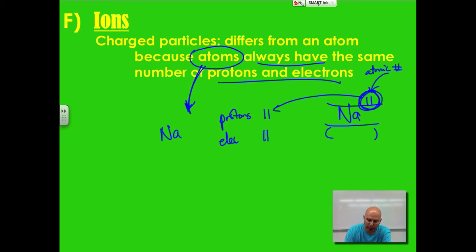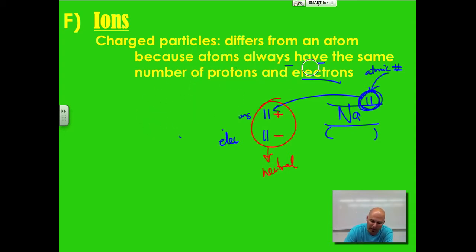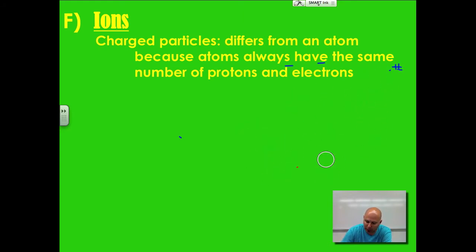And protons are positively charged, electrons are negative. Therefore, when you have an atom, it's a neutral substance because the protons and electrons cancel each other out. Okay? So again, the number of protons is the atomic number, and if it's an atom, they're going to be the same.